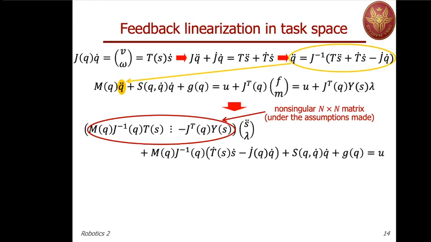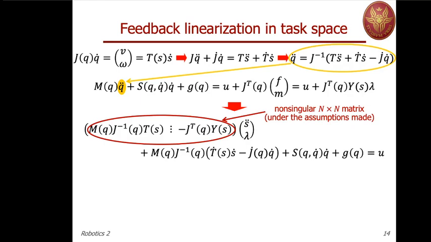You should prove this. In fact, you can obtain this matrix, and I leave you this as an exercise, but you can obtain this 6 by 6 matrix as the product of a 6 by 12 matrix, which has the first 6 columns as M J to the minus 1, and the second 6 columns as minus J transpose.